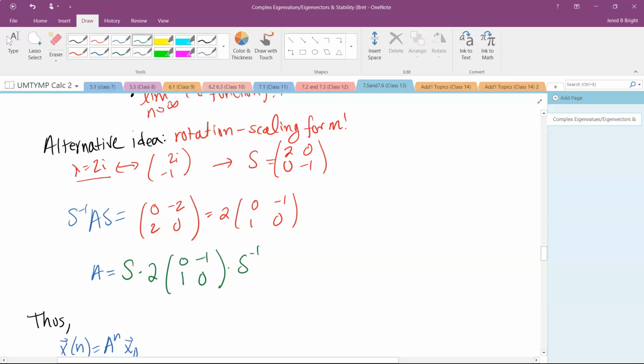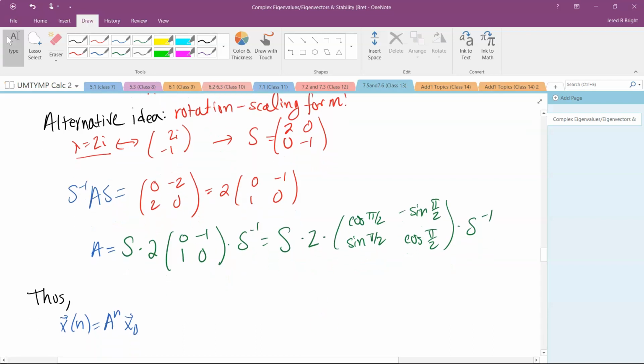And if I wanted to represent that as a rotation matrix, this is really S times 2 times, and we saw this in the previous video as well, cosine pi over 2, positive sine of pi over 2, and then minus sine pi over 2, and cosine of pi over 2, and then times S inverse.